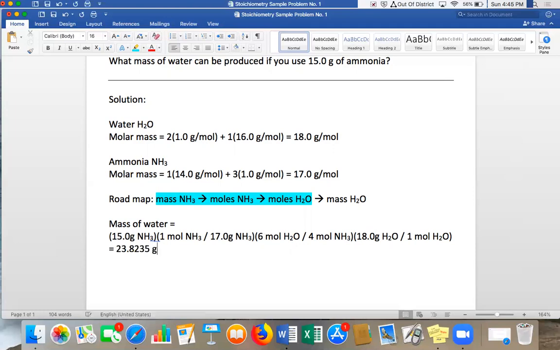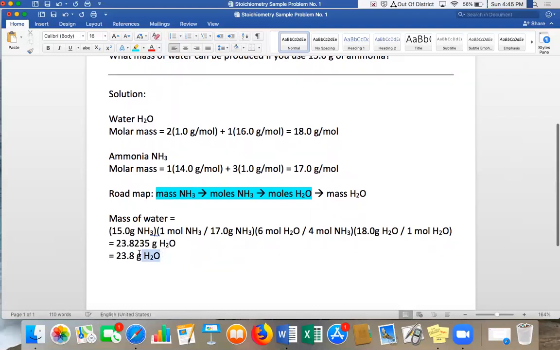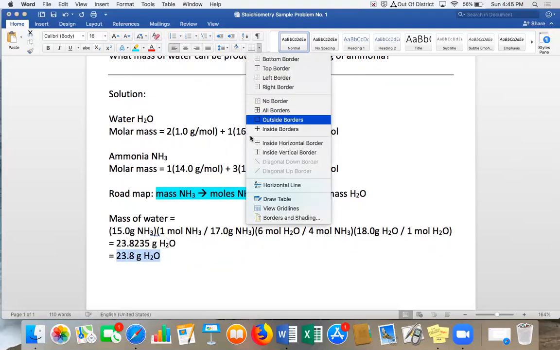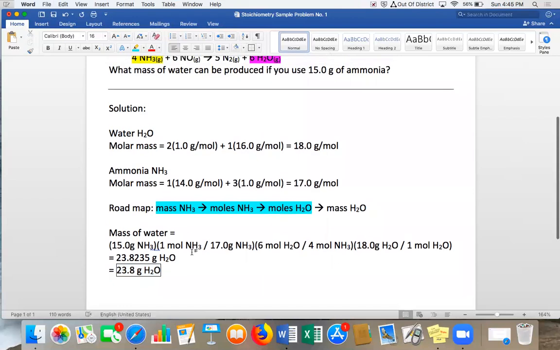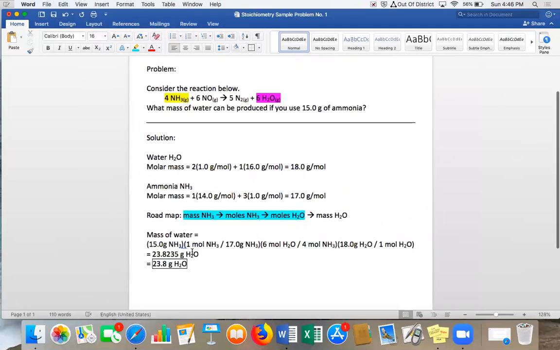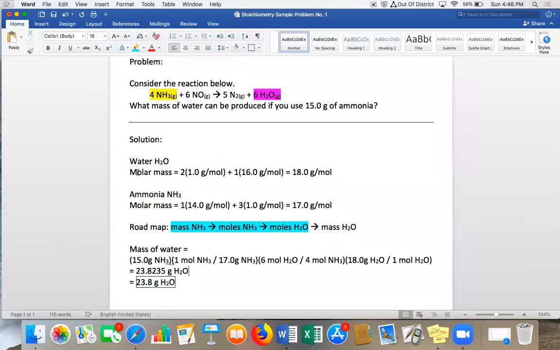And so that's the answer from the calculator, but when you round to 3 sig figs, your answer would be 23.8 grams of water. And that is the final answer. So let me put a box around that here.